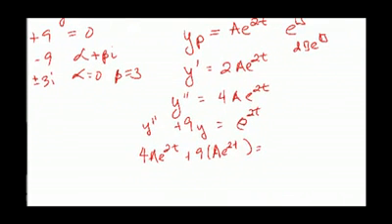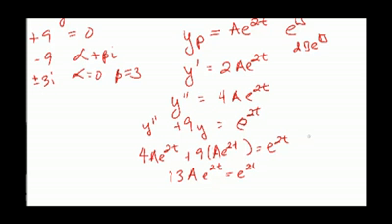Just e to the 2t. So we have 4a plus 9a, so 13a when you combine your like terms, 13a e to the 2t equals e to the 2t.